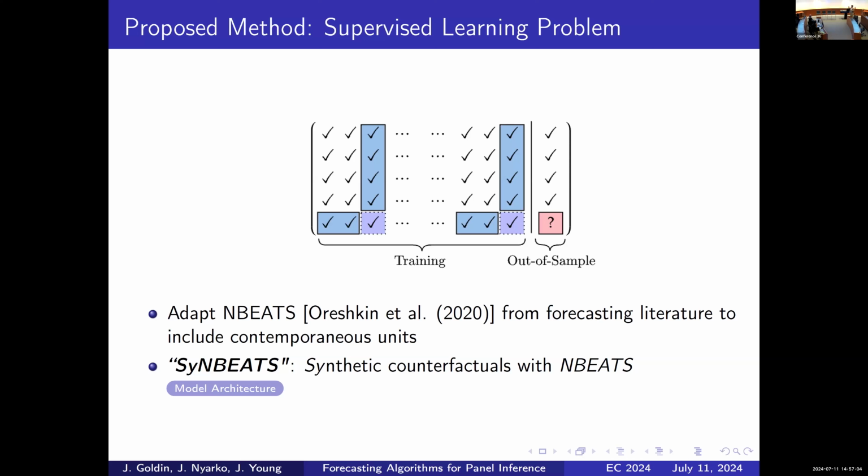The number of lags here is a hyperparameter that one can tune via cross-validation or whatever your favorite way of tuning is. We're going to use an architecture called N-BEATS from the forecasting literature, and we're going to adapt it so that we can use the data inputs in this way. Just for our future results, we're going to coin this NBEATS because we're doing synthetic counterfactuals. For the sake of time, I'll go into the model architecture only after the conclusion, when we get there.